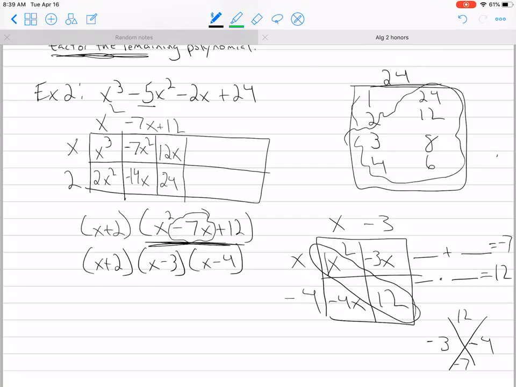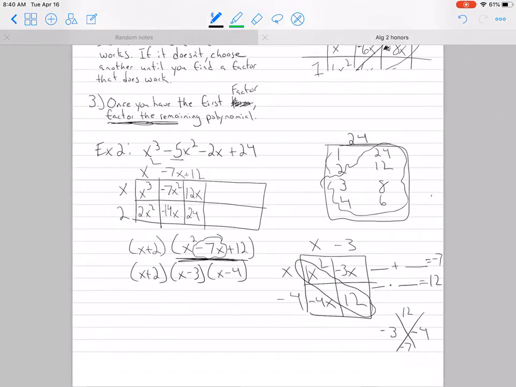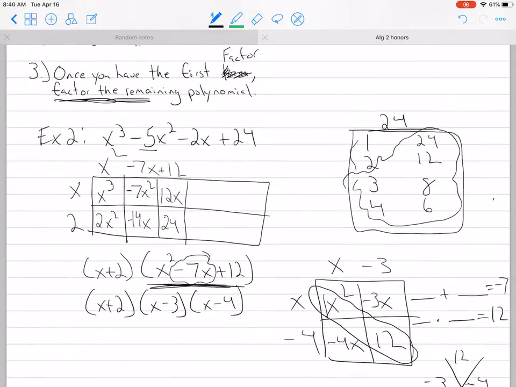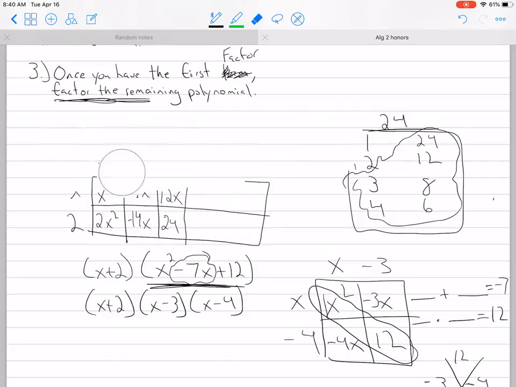You'd have to check negative 1, negative 2, negative 3, negative 4, negative 24, negative 12, negative 8, negative 6, and so forth. So at some point, it's kind of a guessing and checking mode too. We'll try to make them relatively reasonable for you, but you are going to guess and you're going to be wrong sometimes, which is okay.